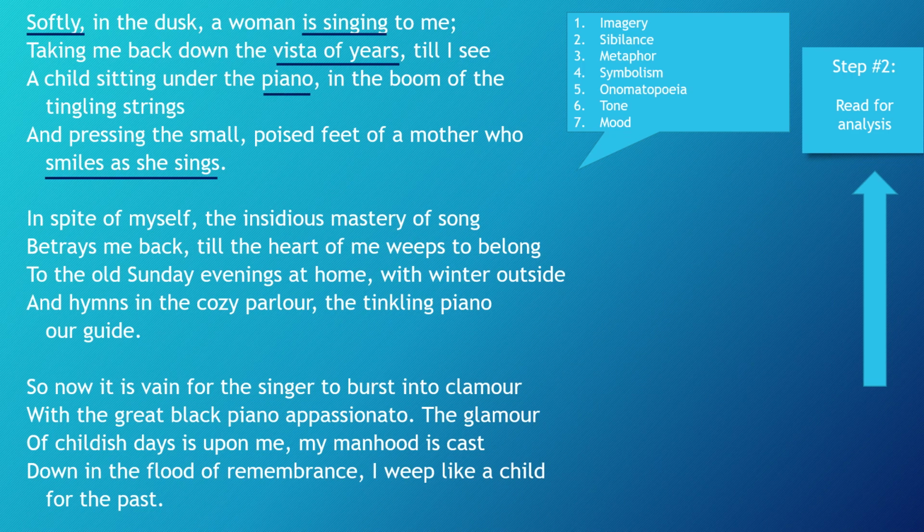The next thing I notice is a sound device that you should be familiar with. I'm going to briefly go through the definition again here, simply because we haven't covered it in class yet. But that is onomatopoeia. You'll find that in your Literary Device 101 packet. An onomatopoeia is a sound device where the way that the word sounds mimics the actual sound being called to.